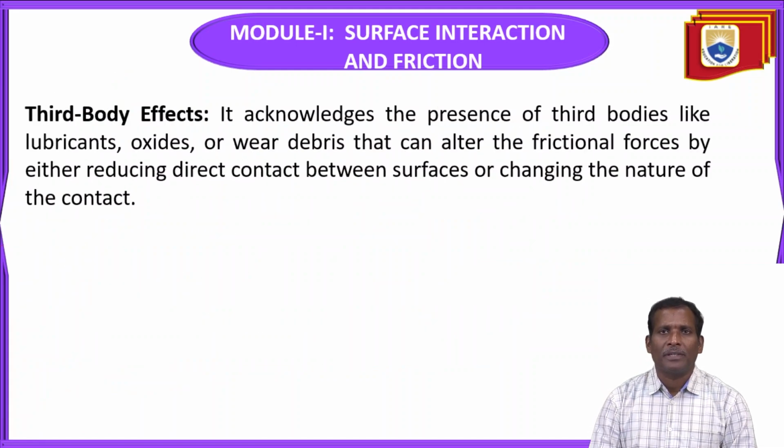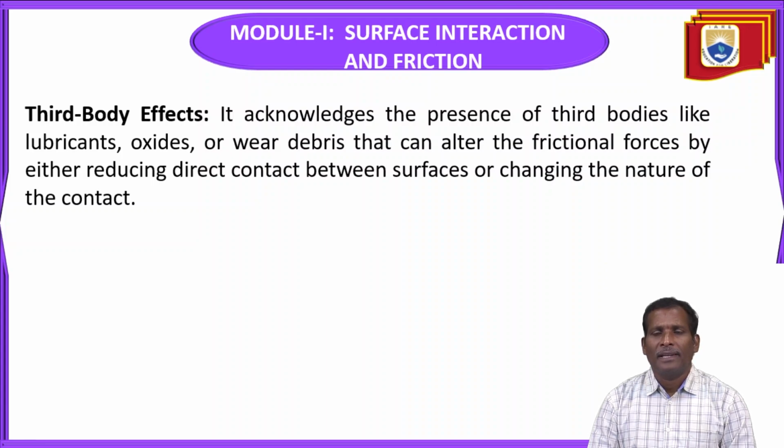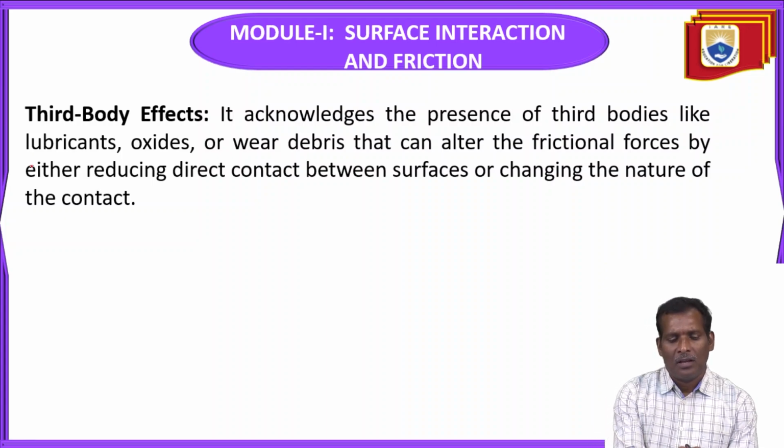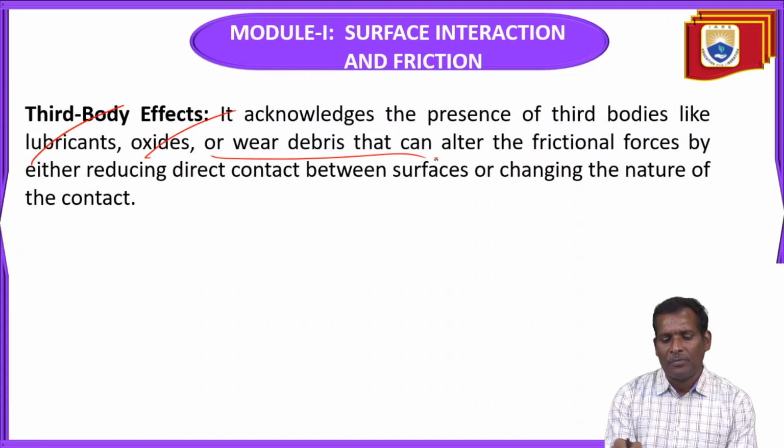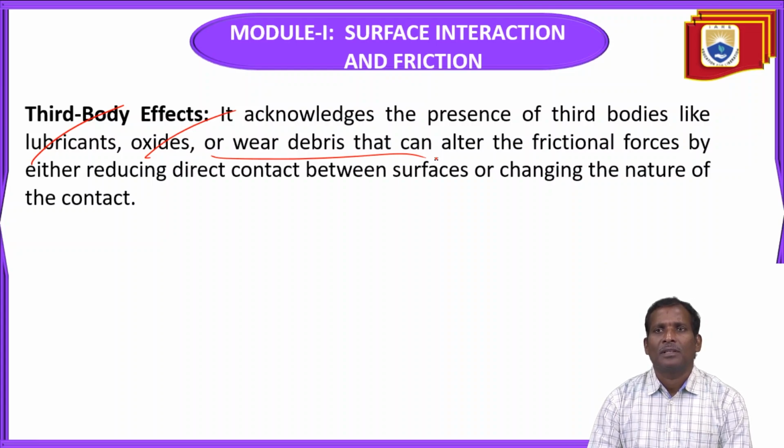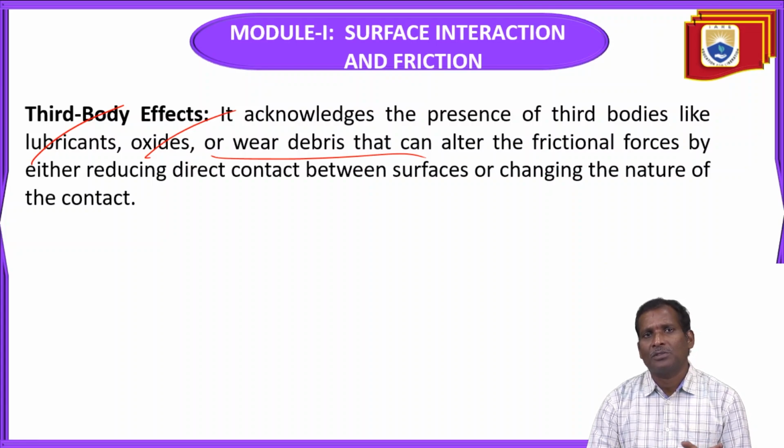Next, third body effects. It acknowledges the presence of third bodies like lubricants, oxides, and wear debris, which can alter the frictional forces by either reducing direct contact between surfaces or changing the nature of the contact.